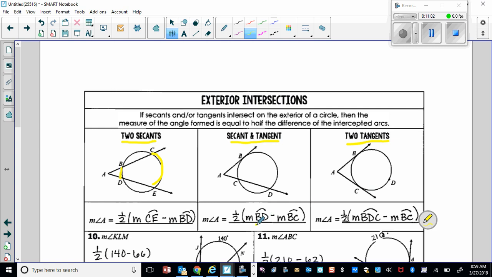But as you can see, all of them are the same: big arc minus little arc divided by 2. We usually write it down to remember. If it's an exterior angle, we'll just say it's 1/2, and both have a big arc, right?